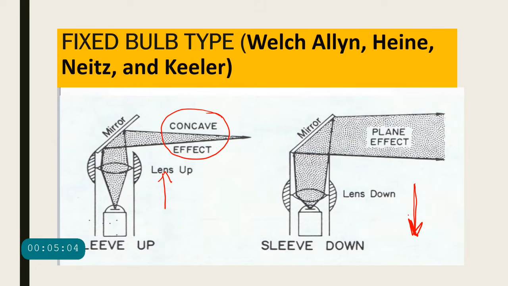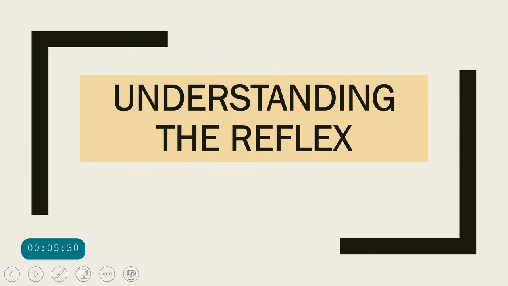As the sleeve moves down, the lens also comes down, the distance between the bulb and the lens decreases, the rays are more diverging, and therefore we get a plane effect. So if you are using a Welch Allyn, Heine, Keeler or Neitz type of retinoscope, it is advisable to put your sleeve down. This is a very important concept of sleeve up and sleeve down before you start doing the retinoscopy. Now, let us try to understand the reflex.